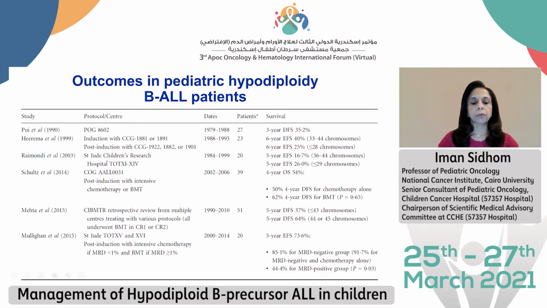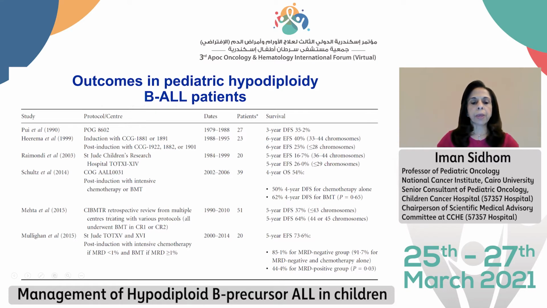The Children's Cancer Group studied 23 patients having less than 45 chromosomes who were treated in the 1990s. The 6-year event-free survival was 25% for patients with 24 to 28 chromosomes and 40% for 33 to 44 chromosomes. In the later COG study on 39 hypodiploid ALL patients treated between 2002 and 2006, the 4-year overall survival was 54%.